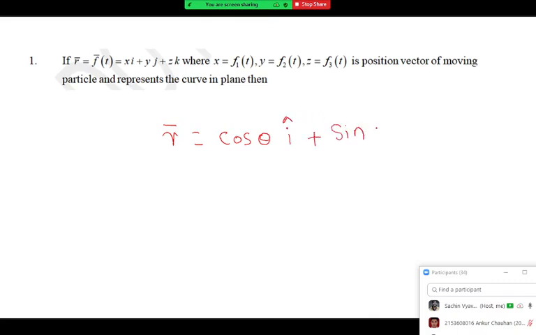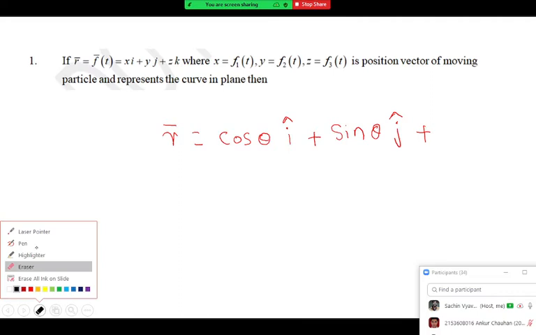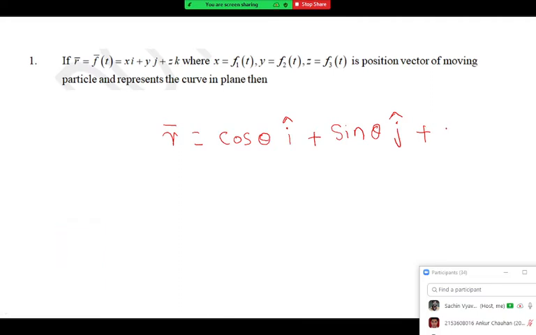Say r bar is equal to cos theta i plus sin theta j plus theta k cap.